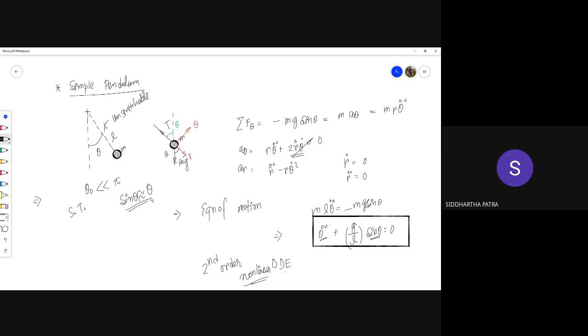But even if theta is less than 5 degrees, the radian equivalent of 5 degrees, which is 5 pi divided by 180, which would be less than pi by 36. So if the releasing angle is less than that, of course, because it's an ordinary differential equation, this is an initial value problem.